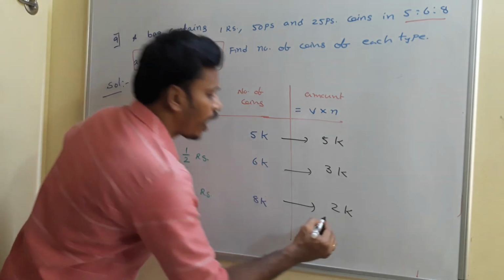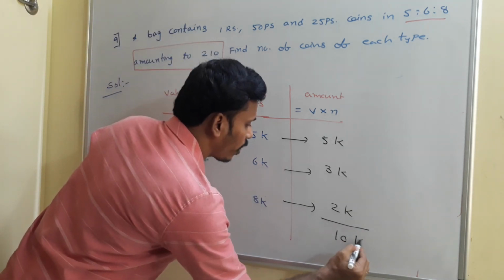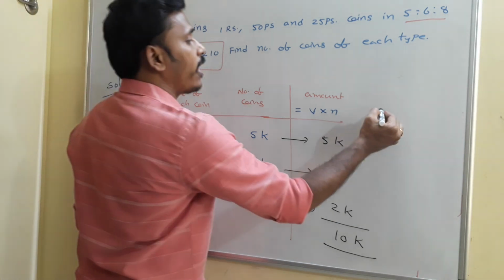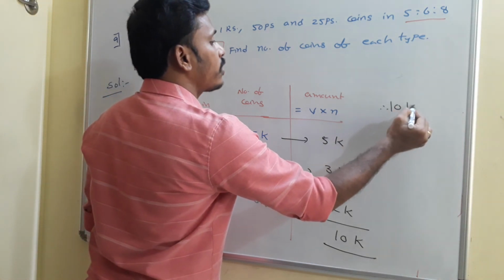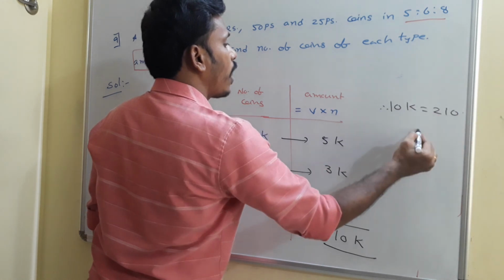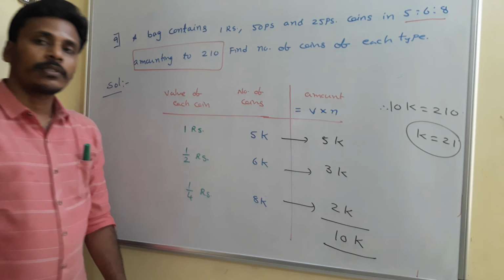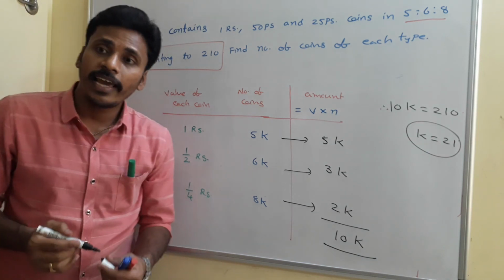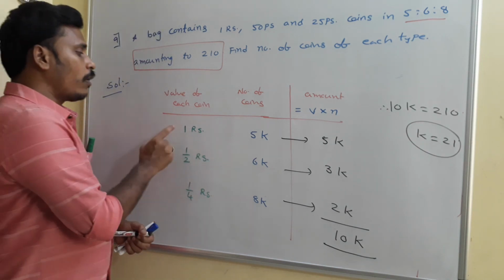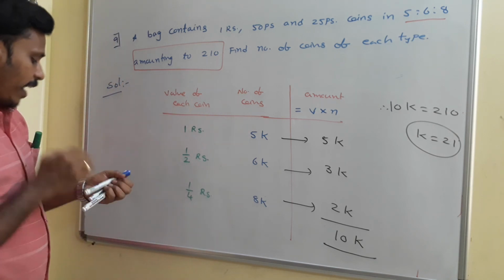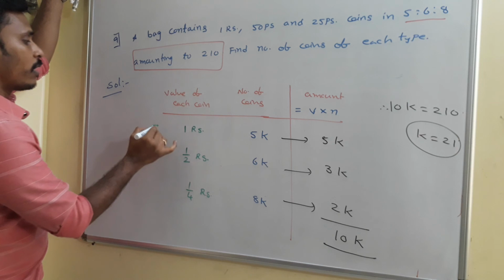5, 3, 2, and if you add, then the total amount is 10k rupees. Since the total amount is 10k rupees, you just equalize the 10k with the total amount, and that k value is equal to 21. That's what we need. Since k is equal to 21, how many 1 rupee coins are there? At the end, the number of 1 rupee coins is 5k.